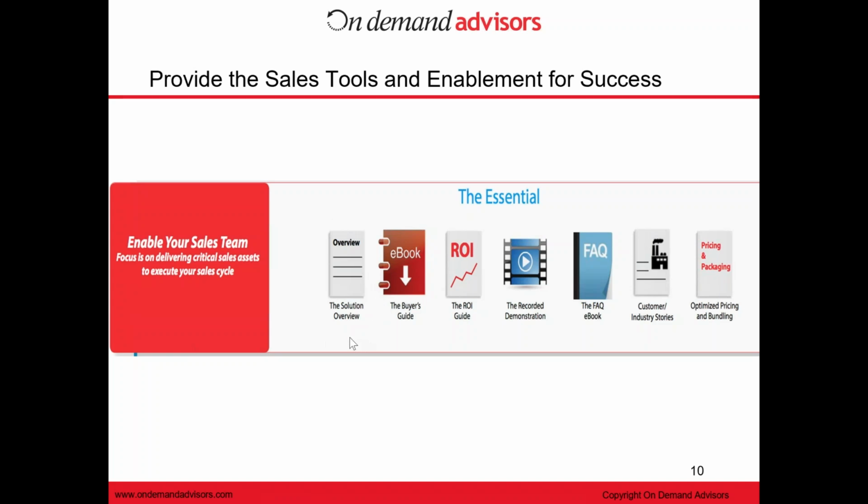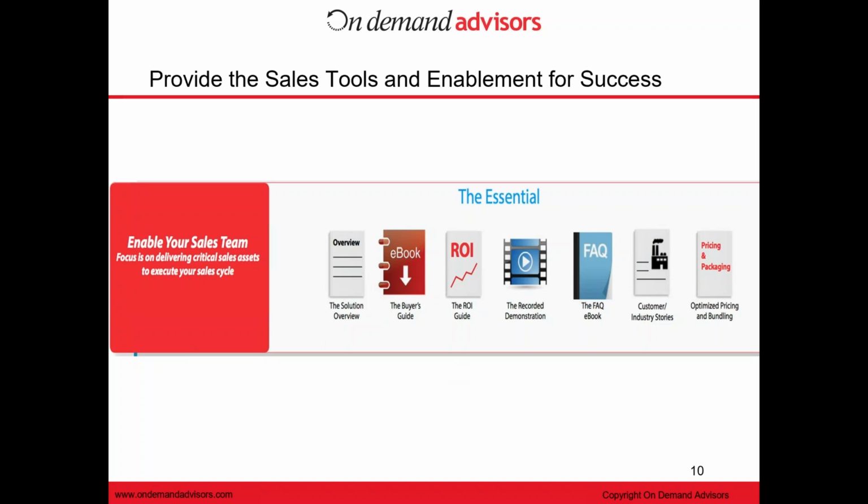There is the solution overview, and the solution overview is typically focused around what are the pains or business challenges that you're helping your buyer address and serve, and what are the value propositions that you offer. There is something that Craig's going to share with you called the Buyer's Guide. Some of you may have seen one of these, some of you may not.